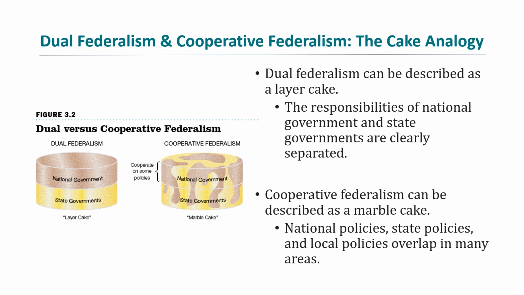And cooperative federalism is designed to encourage states and localities to pursue national goals. And like I mentioned, dual federalism is like a layer cake where the responsibilities are clear and separate. And in cooperative federalism, you not only have national and state governments cooperating, you may also have local overlap.